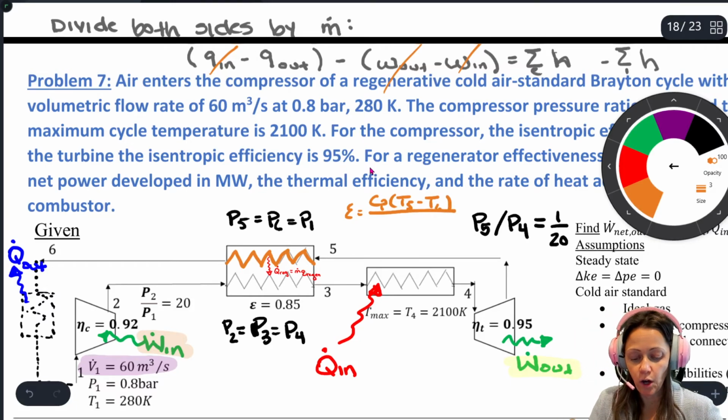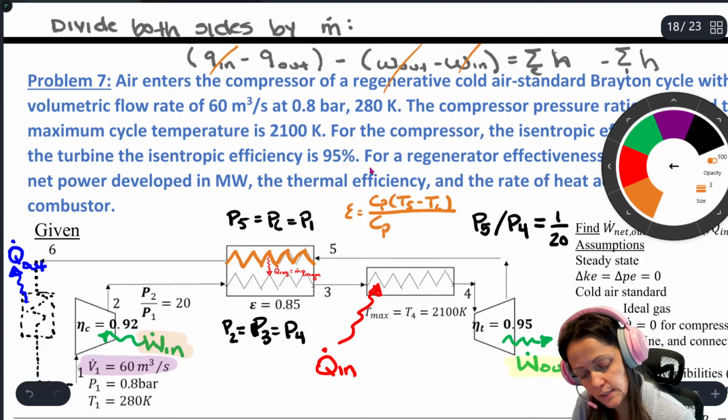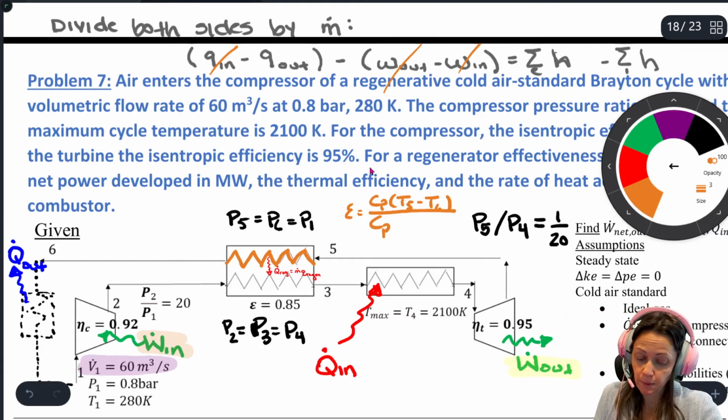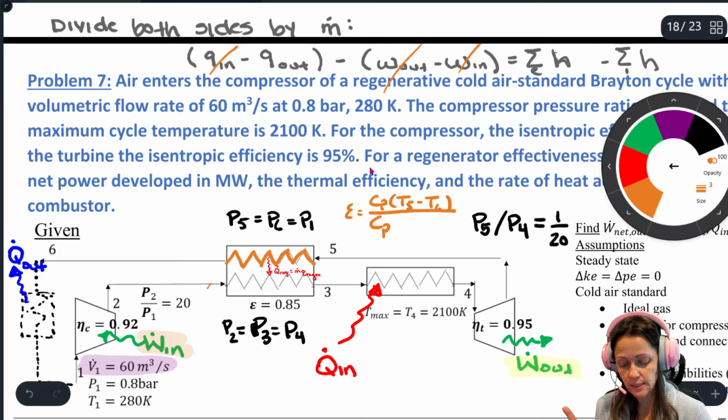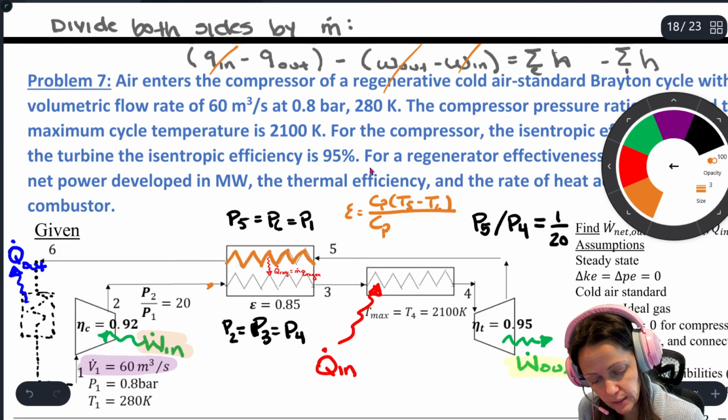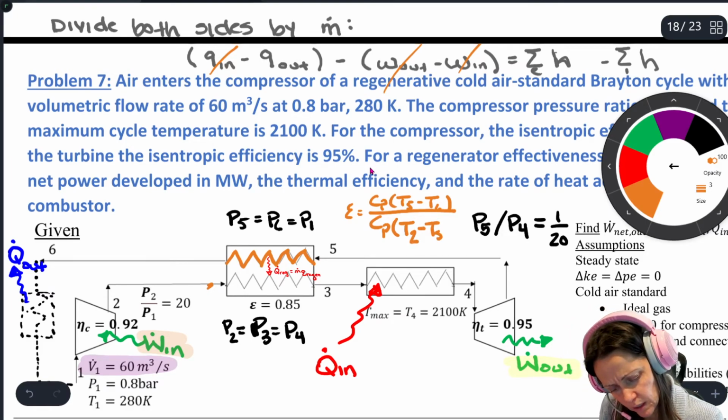All right, and then on the bottom there, it's the regen max. So, okay, I'm coming in at state 5, and if I were able to get the maximum amount of heat transfer, then I would have lowered my temperature at state 6 to the lowest possible temperature it could be, and that's going to be the inlet temperature here. So this is going to be T5 minus T2, sorry.